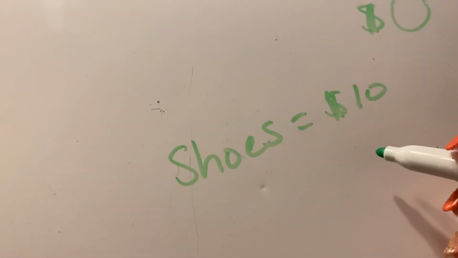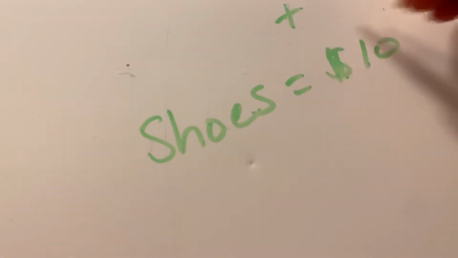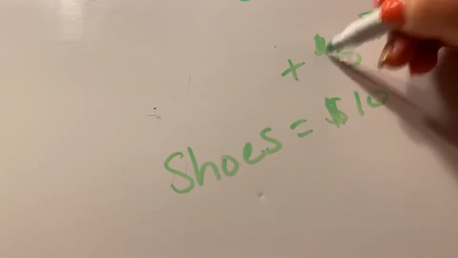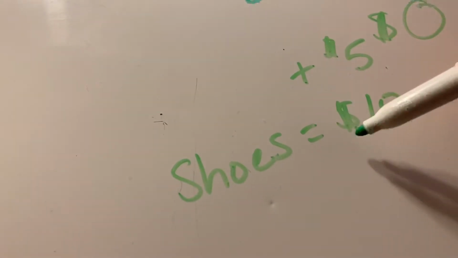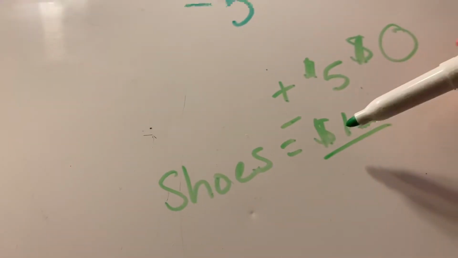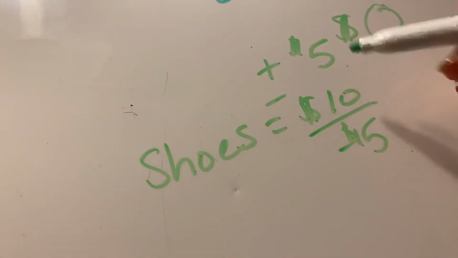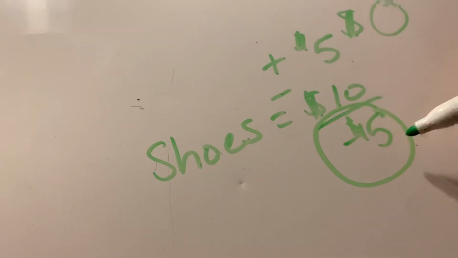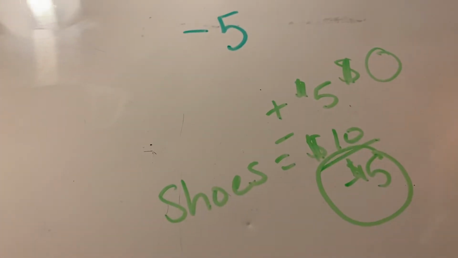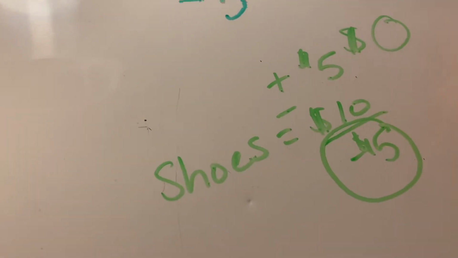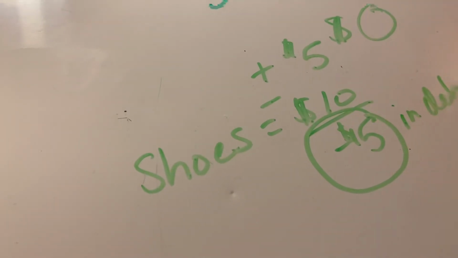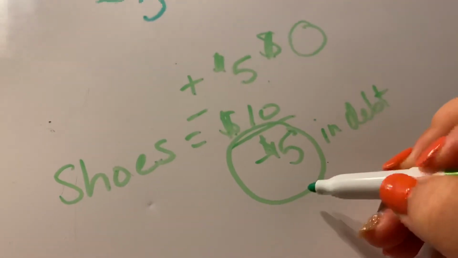So you start with a positive balance of $5. If you subtracted the 10, you would get -$5 that you still owe. So in the real world, you are in debt by $5.